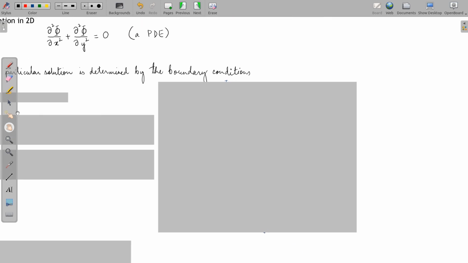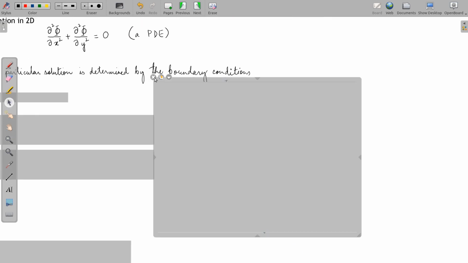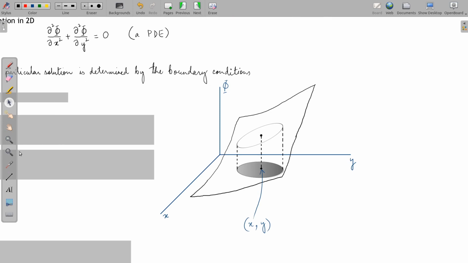Taking these two ideas forward, we could have a scenario which looks like this. We have the x-axis and y-axis, and then the potential along the vertical z-axis. So we have some surface, and the potential is going to vary as per this surface. Suppose I want to find the potential at some point xy. How do you find it?